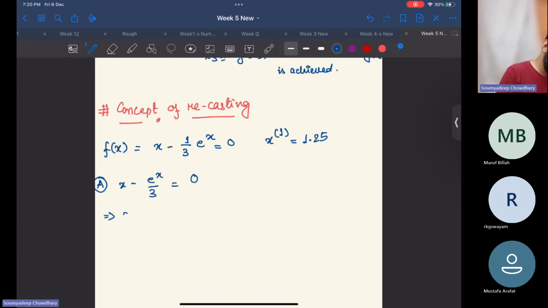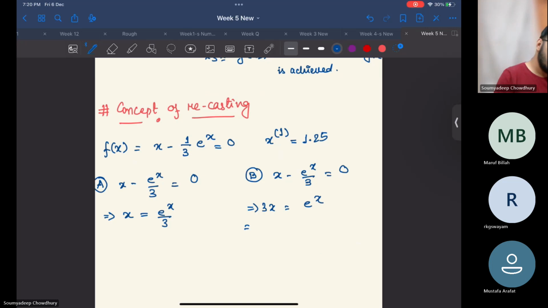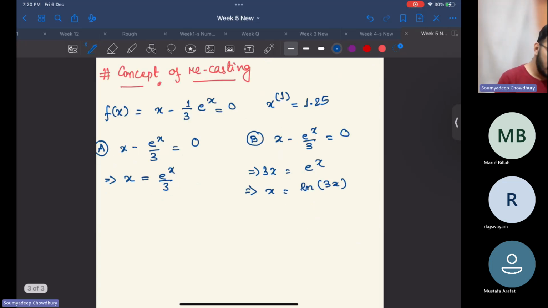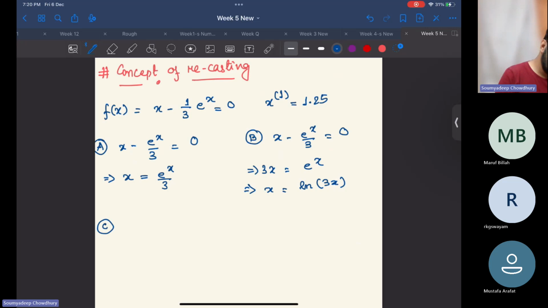We can either write x equal to e power x by 3, or, if we take ln on both sides, ln e power x is x, right? So x equals ln of 3x. This is one possibility. Many infinite possibilities are there.